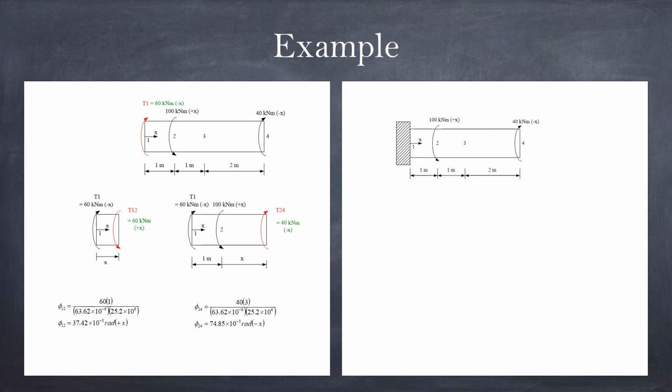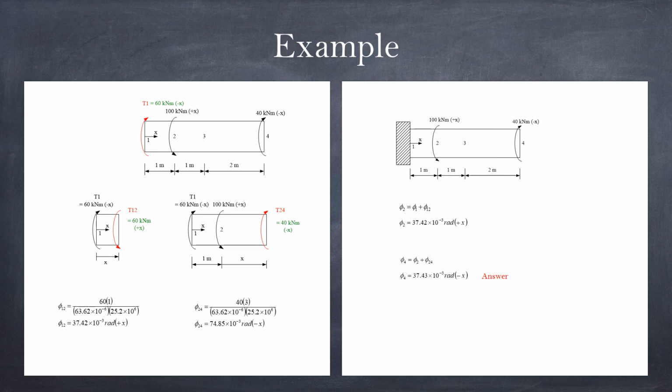How do we do it? Then we look at the support conditions, right? Because this beam is stuck at a fixed support at point 1, therefore point 1 doesn't move. And then at point 2, phi 2 is equal to phi at point 1 plus whatever change. Phi 1 is 0, so it will be equal to phi 1,2, of course.